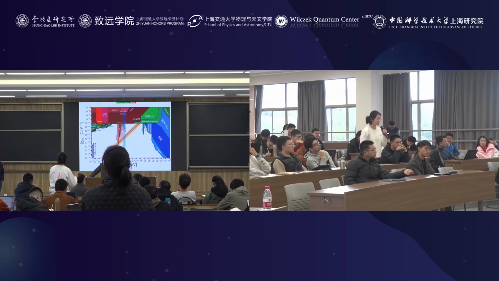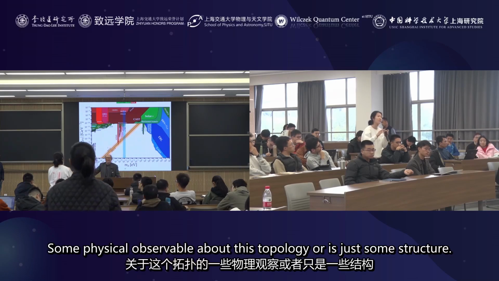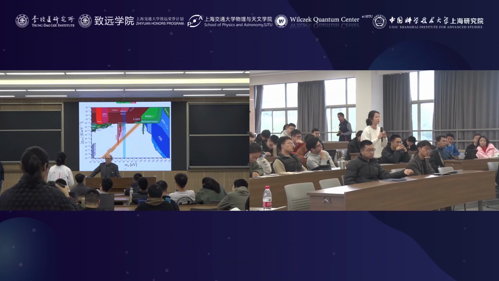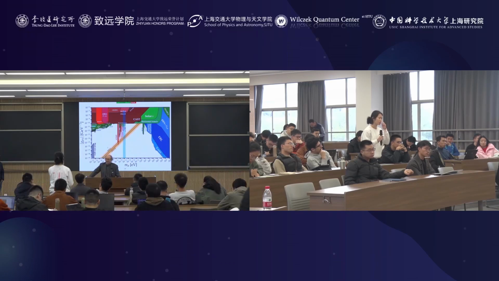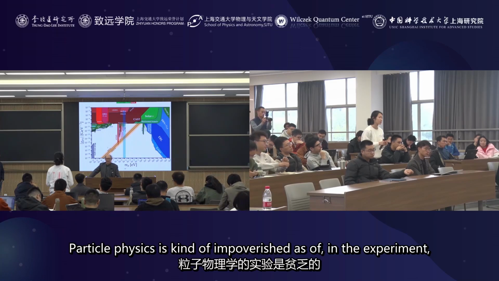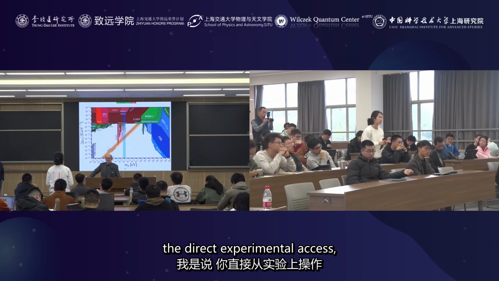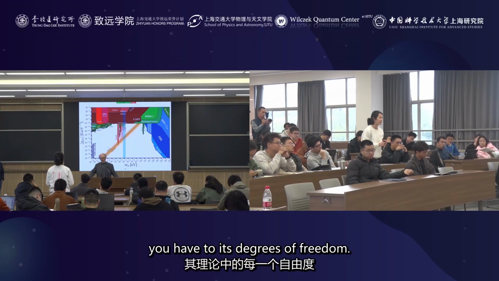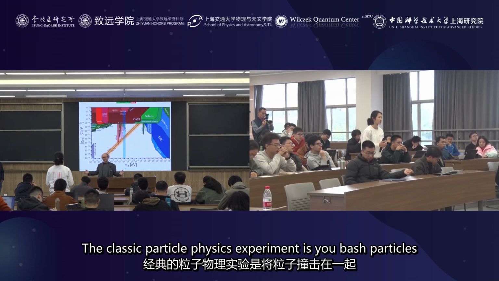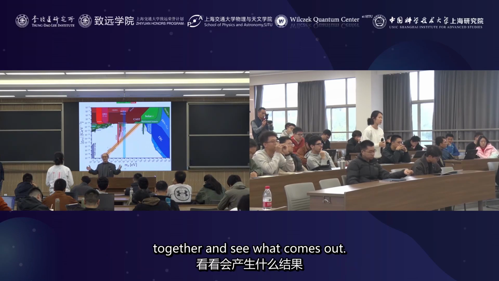Okay, thank you. So are there some physical observables about this topology, or is it just some structure? Well, particle physics is kind of impoverished in the direct experimental access you have to its degrees of freedom. The classic particle physics experiment is you bash particles together and see what comes out.